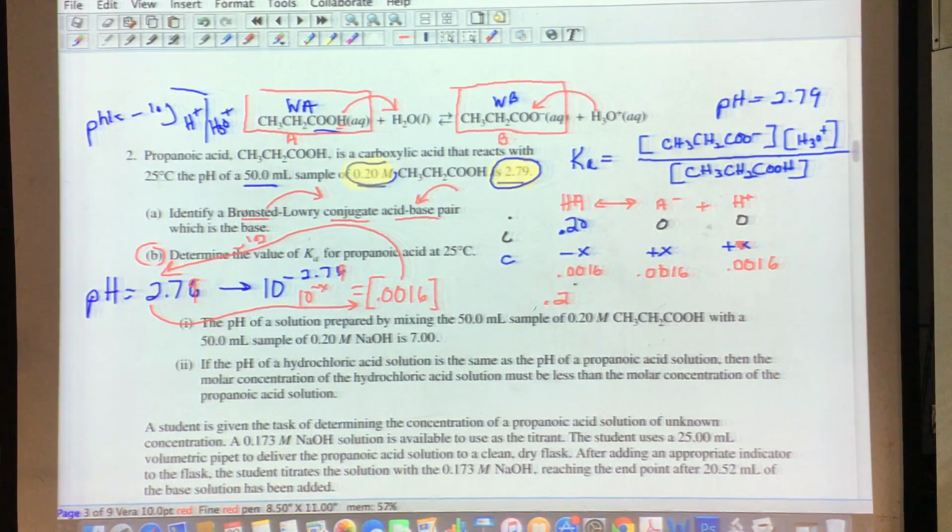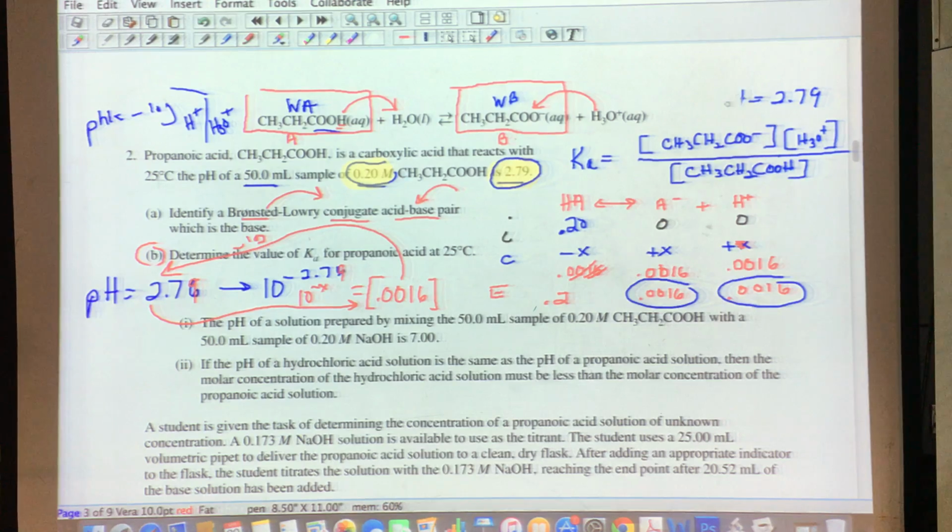But that's insignificant, correct? Then we have 0 plus 0.0016, do that math. This is the end of the equilibrium. And then of course we got the same idea here. So what do we know, party people? The pH, and this is important, the pH told me the value of my compounds at equilibrium.